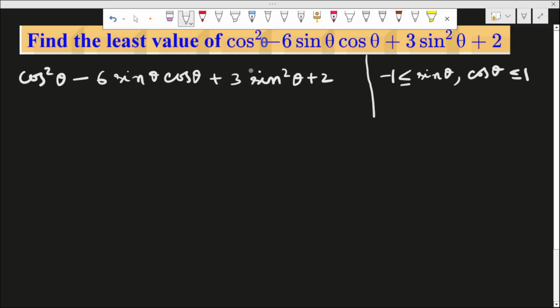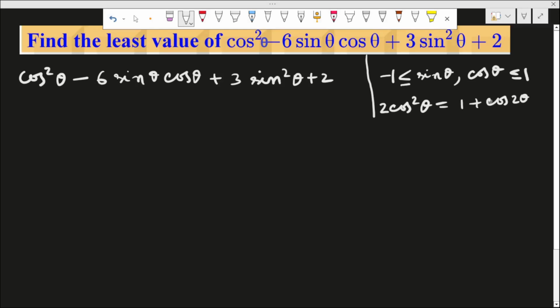To do that, we have to use the trigonometrical formulas. What formula should we use? Look at the terms cos square theta, sin square theta and sin theta cos theta. We know the formula 2 cos square theta is equal to 1 plus cos 2 theta.